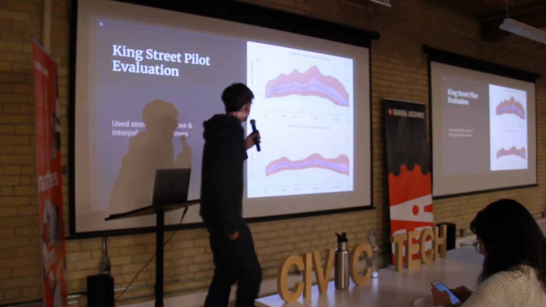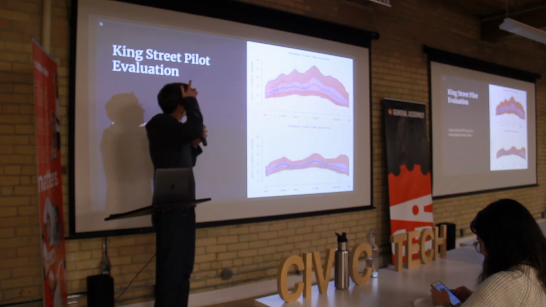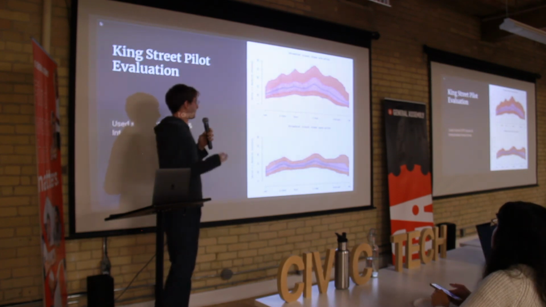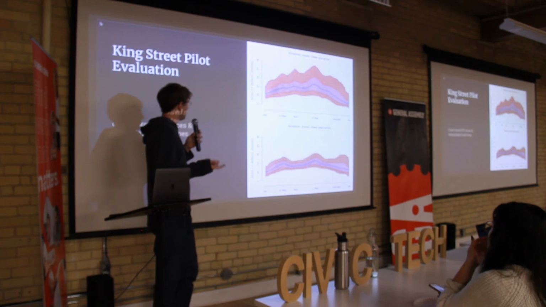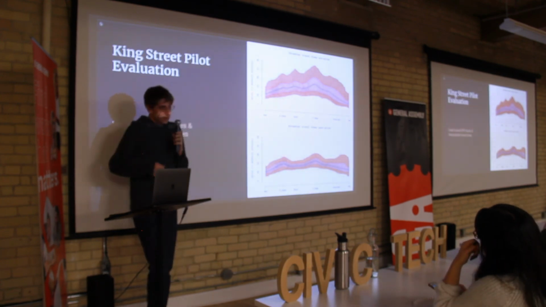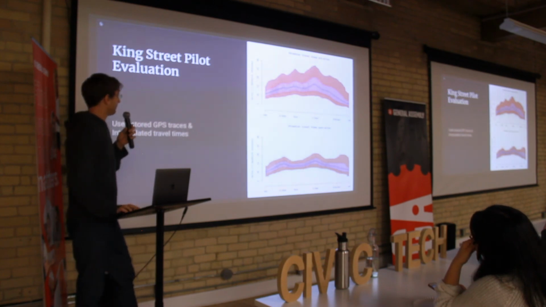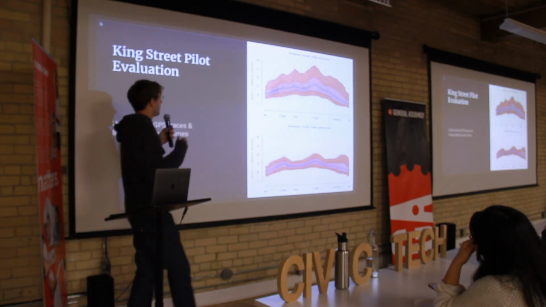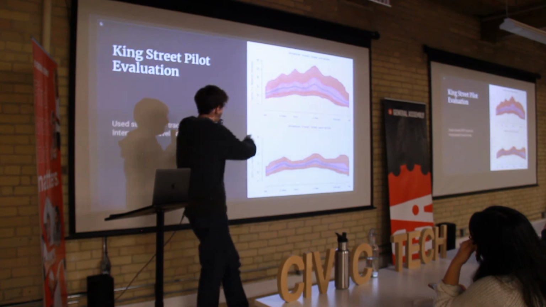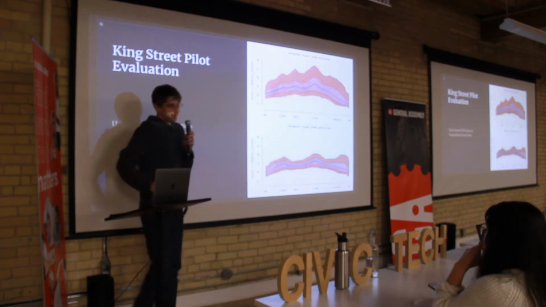So this is a little example of a study I did with some colleagues looking at travel times on the King Street pilot, now King Street Transit Priority Program, both before and after implementation. So in the top here, we have a plot of median travel times across the span of the day. Same on the bottom, this is the post-pilot version.